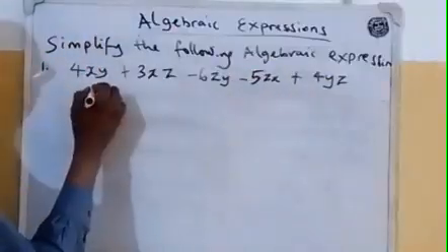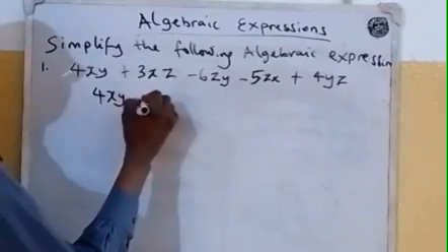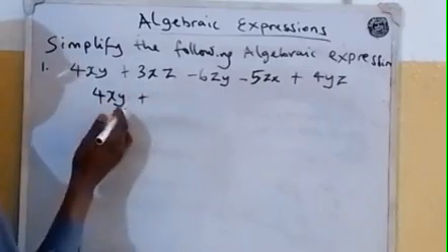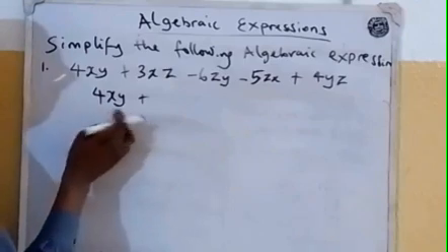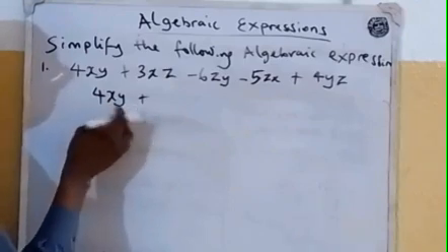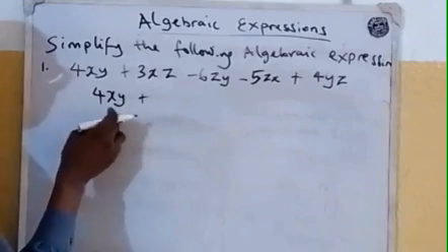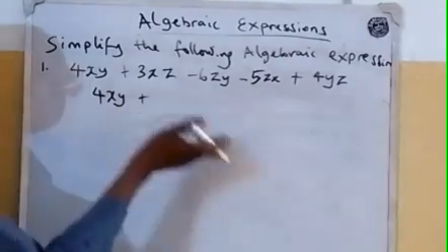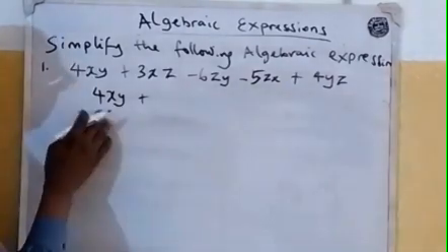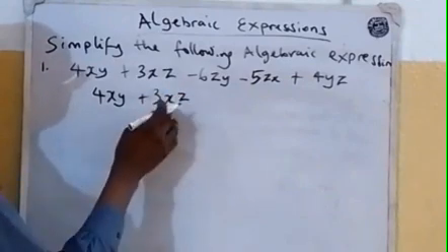So as I'm inspecting again, I'll say 4xy, plus. The best practice is to ensure that if you have two variables in one term, that's x and y, for instance, you arrange them according to the order of the alphabet so that you can easily see which one is similar. So I have 4xy, then 3xz, because x comes before z.